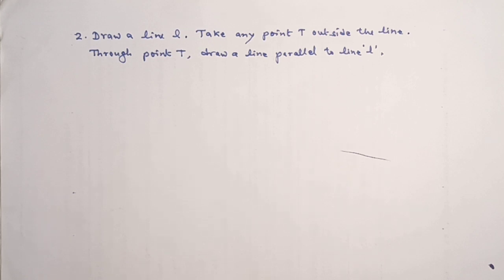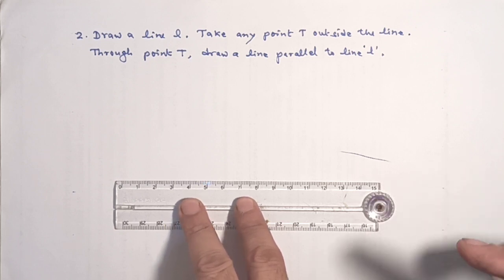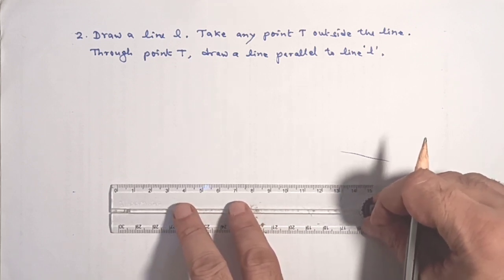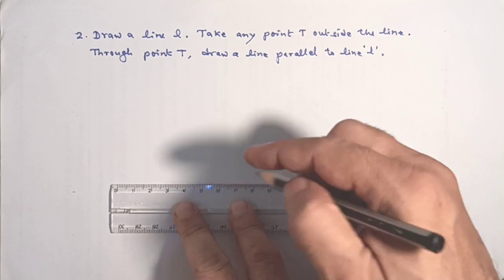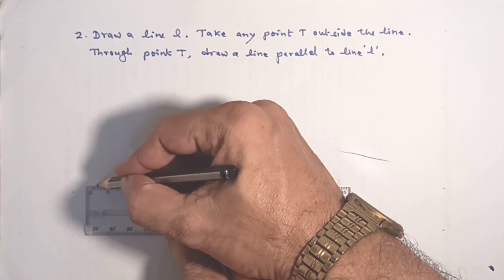Draw line L. Take any point T outside of the line L. Through point T, draw a line parallel to line L. So this question is exactly similar to the previous question. So same construction. First of all, you draw a line.